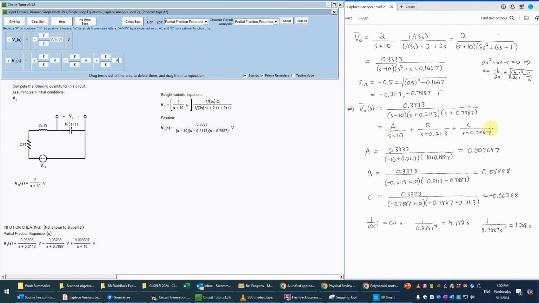Now, to compute A, B, and C, the easiest method there, we don't need to cross multiply or anything like they sometimes teach in math class. We'll instead use the Heaviside method of residues, meaning that for A, I'm simply going to multiply through by this denominator, the s plus 10, and that will give us a factor of that here and here.